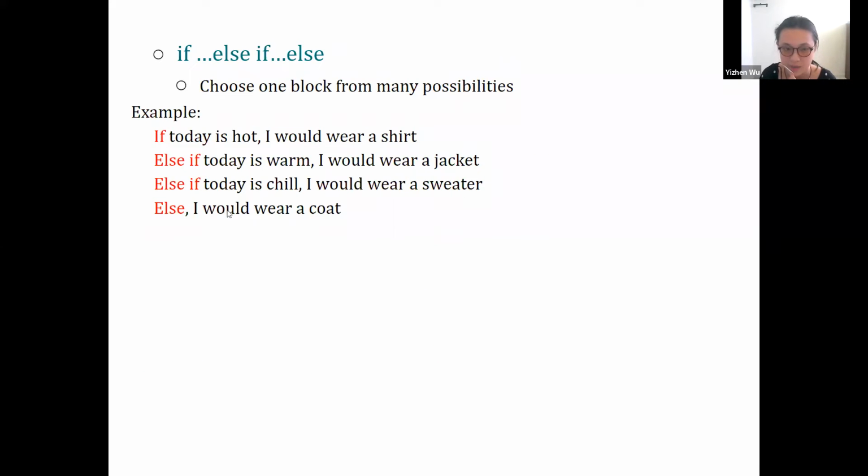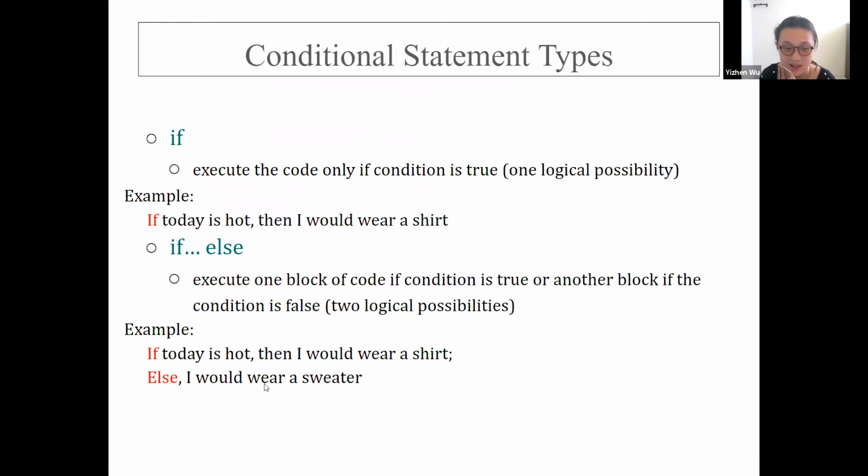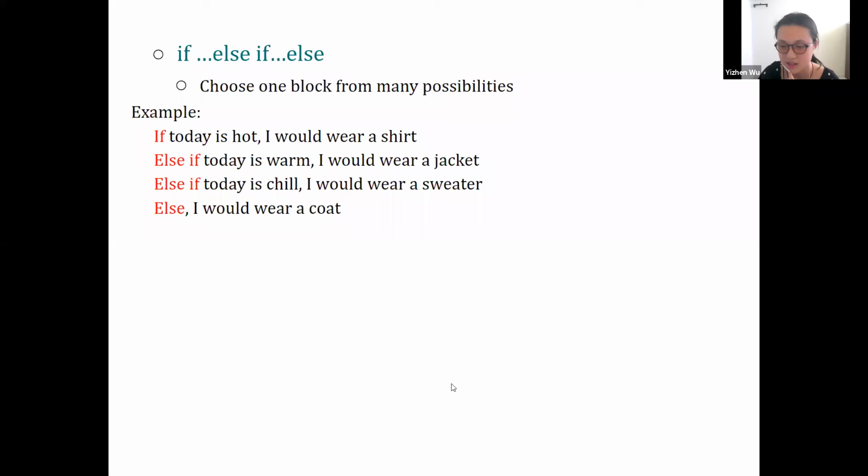If I say today's cold, then with the if-else-if statement, I will wear a coat. But for the if-else, any weather outside of hot, I will wear a sweater. So that's the main difference. This gives you more choices, which is the main reason why most code usually uses this one.